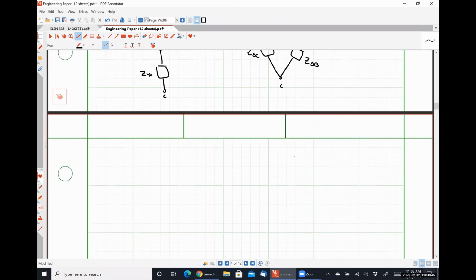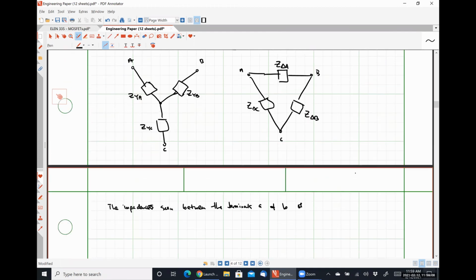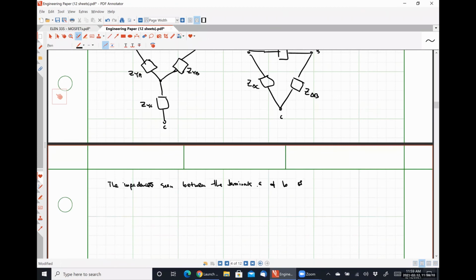So the impedances seen between terminals A and B, capital letters because it's a load, my apologies.